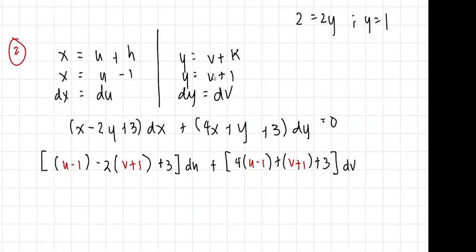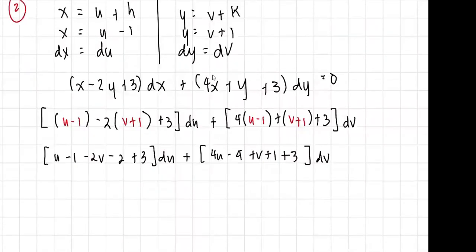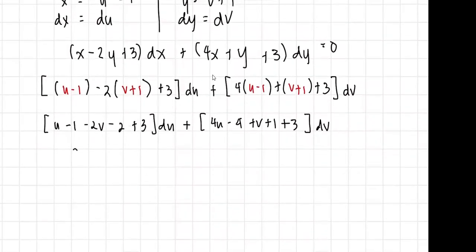Okay? So let's simplify. So we have (u - 1 - 2v - 2 + 3) du + (4u - 4 + v + 1 + 3) dv. Okay? So dito, pag na-simplify natin, magka-cancel out yung constant.